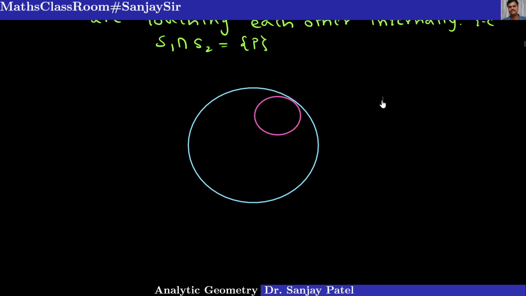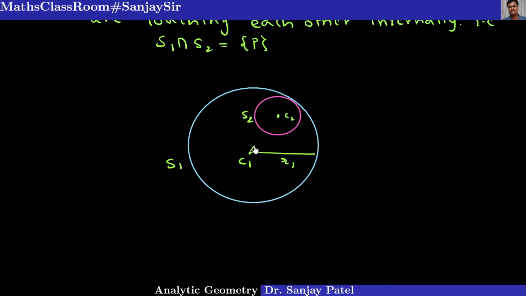Now you can see the centers of these spheres, this is C1, this is C2, this is S2, this is S1, the two spheres, and this radius is R1 and this radius is R2.